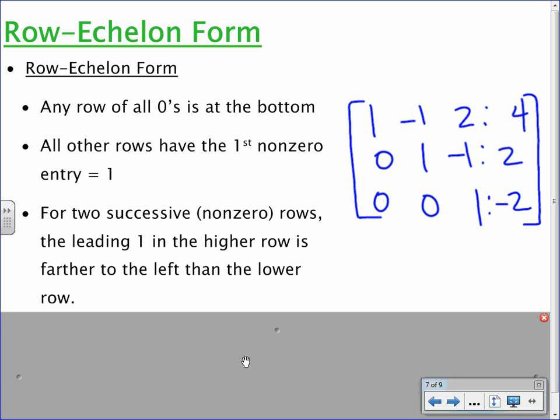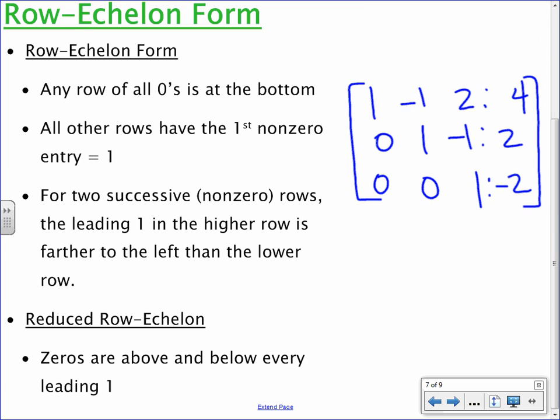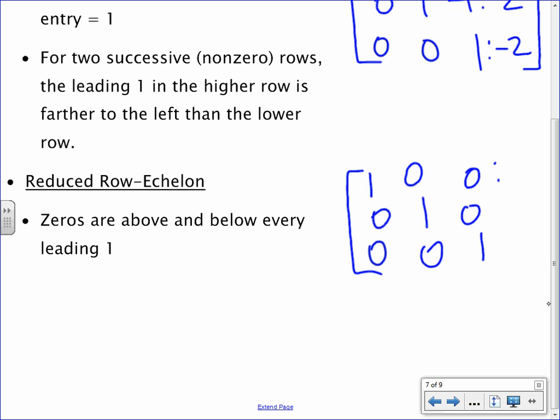We also have something called reduced row echelon form, where zeros are above and below every leading one, which means we have our seat belt of 1s and the rest are zeros.